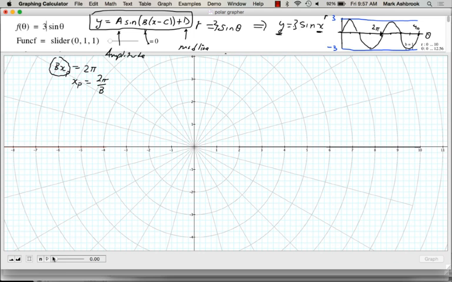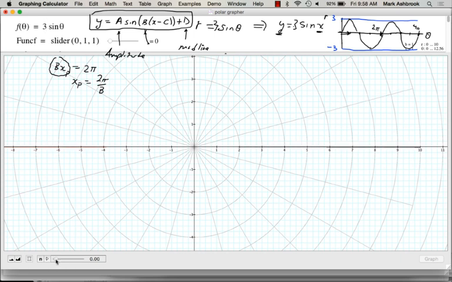What are we going to look at first? This is theta going from 0 to pi over 2. As theta goes from 0 to pi over 2, this first quarter period here, what does the radius do? It increases from what to what? 0 to 3. So watch what happens.